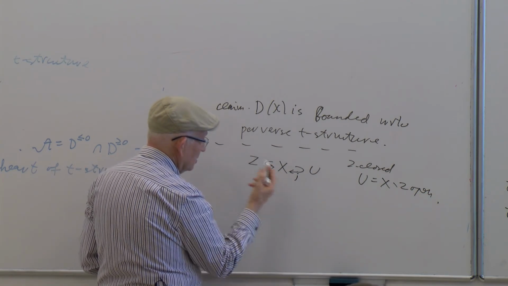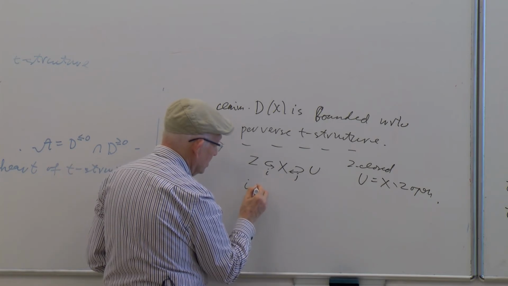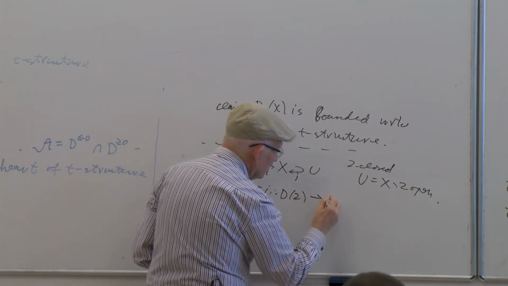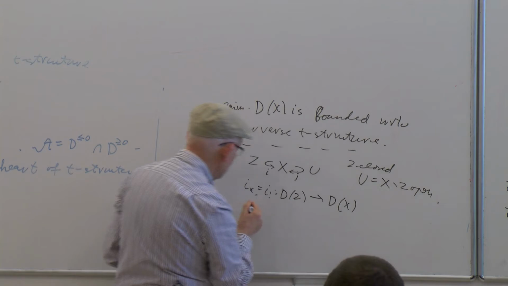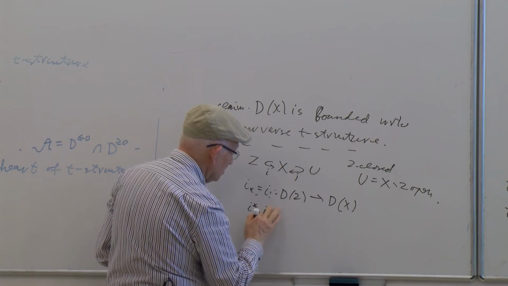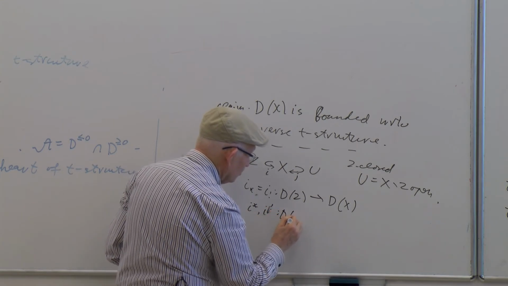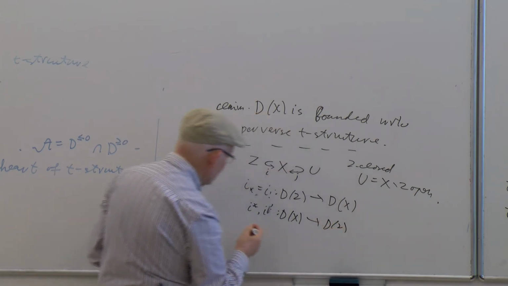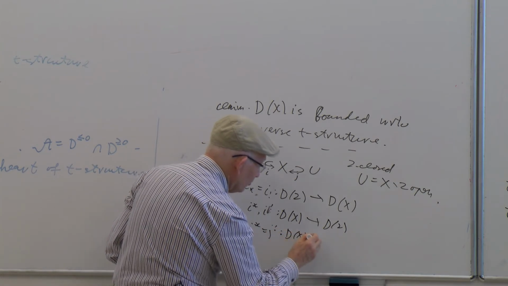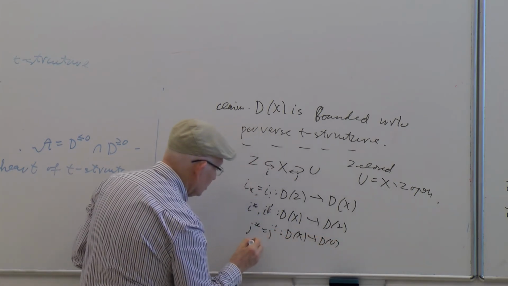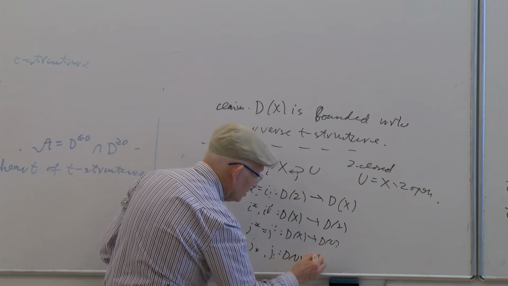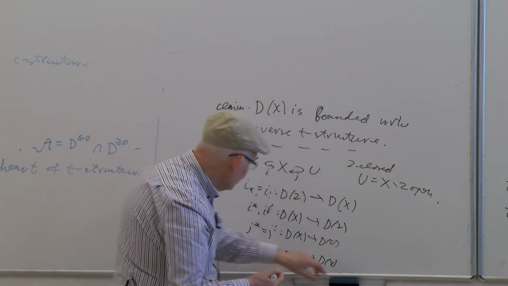So we have a collection of functors. i_* is equal to i_! from D of Z into D of X, and i^* and i^! from D of X to D of Z. Also j^* is equal to j^! from D of X to D of U, and j_* and j_! from D of U to D of X. And so we have different properties.